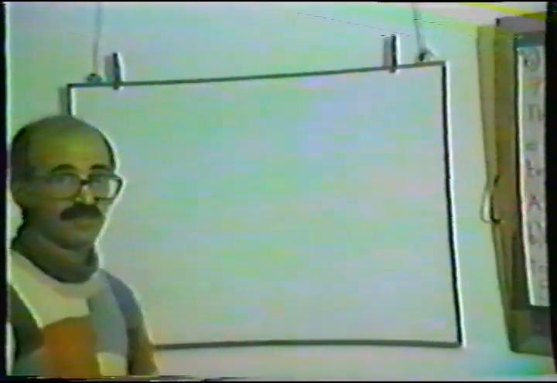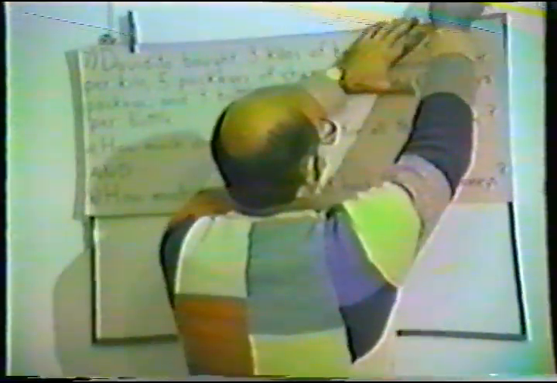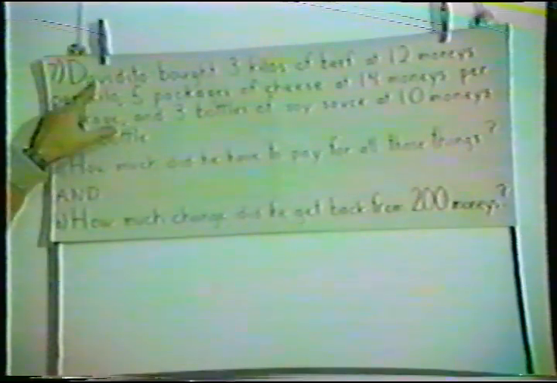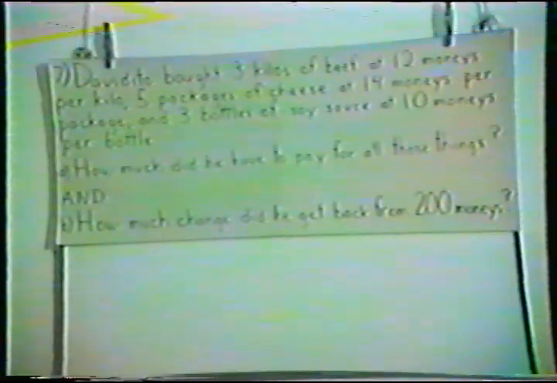And now it's time for our quiz on these kind of 2 and 3 and 4 step problems. Let's see if we can do this one. Davidito, problem number 7.